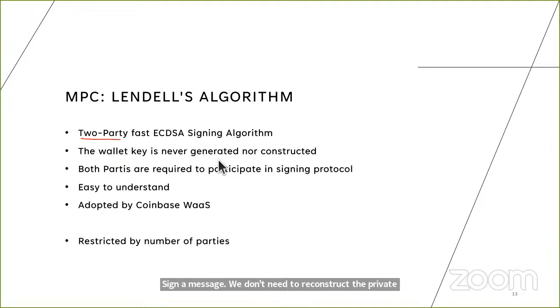So we have 2 parties, and both parties are required to participate in the signing protocol. That means that if one of them is lost or goes down, the other party cannot sign the message. So it is a kind of 2 of 2 algorithm, in comparison to VSS, which was k out of n.